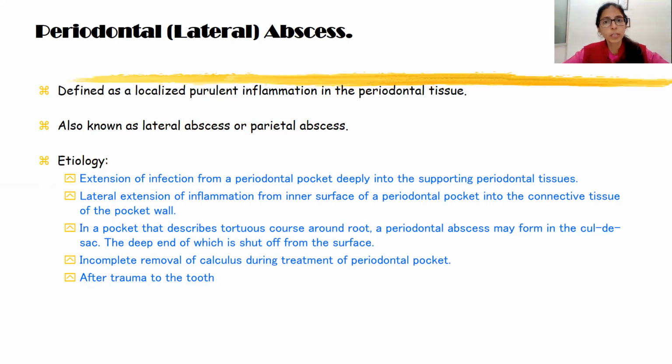So when there is a pocket like this, there is no one pathway for the pus to be drained, for the purulent discharge to be drained out completely, because it is a tortuous, a curved, or a twisted course.